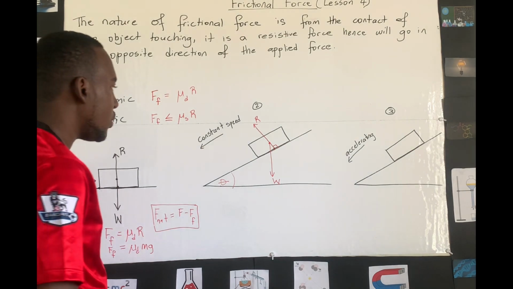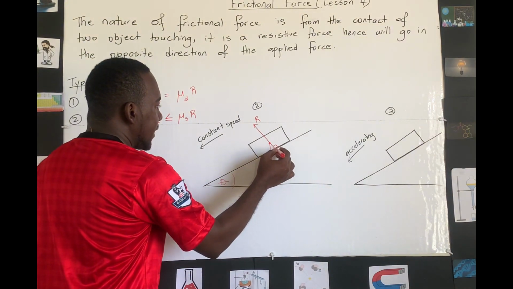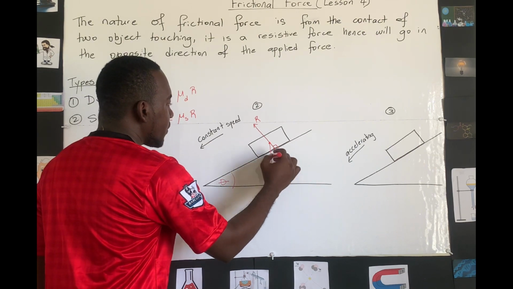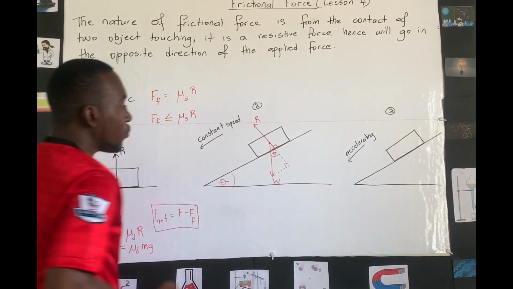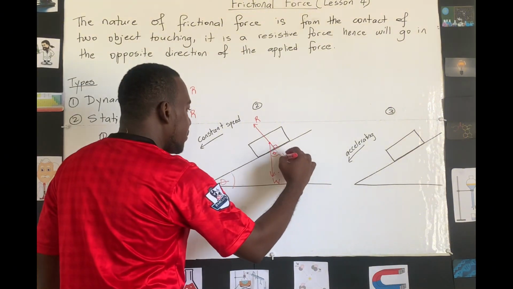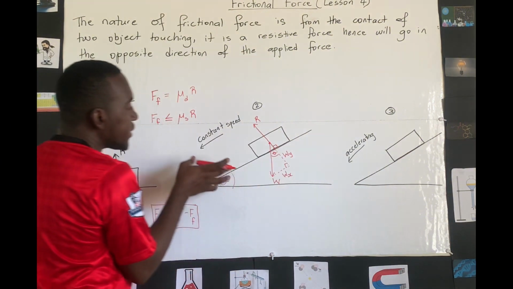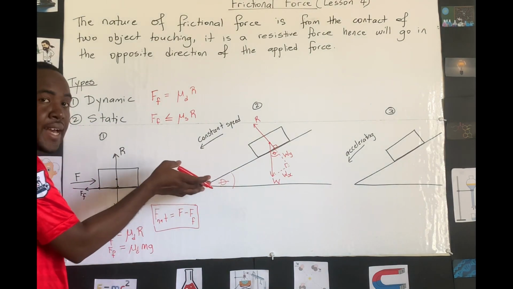Now, based on this, what we're going to realize is that the weight will have two components to it. The weight has a Y component and an X component because it is on an inclined plane at an angle.